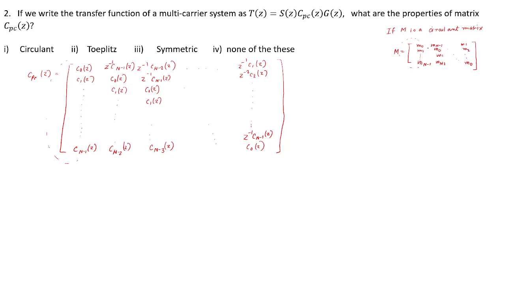Another way of seeing that: the columns and rows have the same elements only. If you see column wise first, M0, M1 up to M n minus 1, and row wise, it also consists of the same elements, just in a slightly different order.